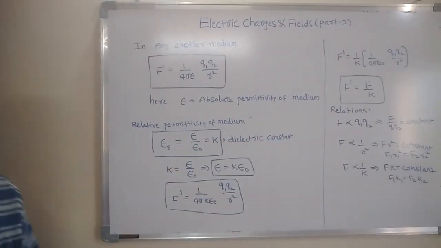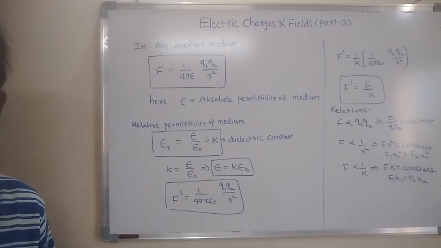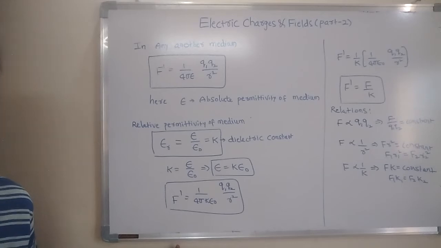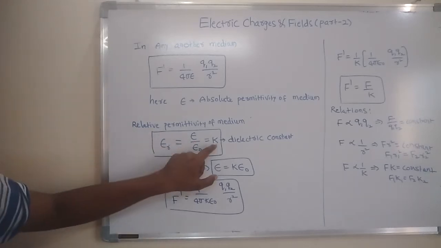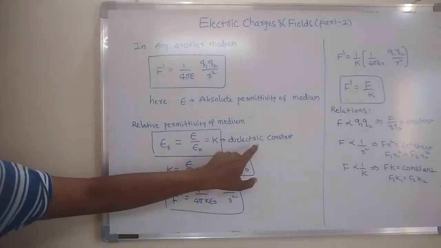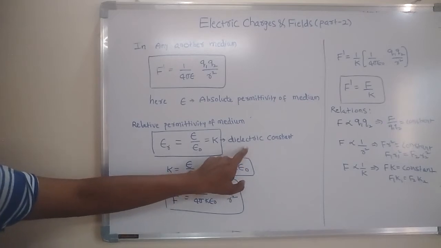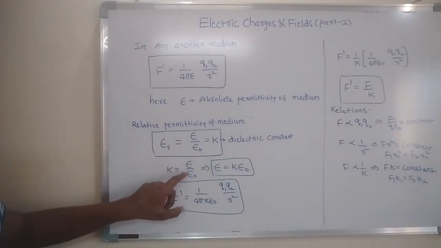Recognize this relation. This is about Coulomb's inverse square law. Have you understood? I hope you understood. Clear? So here recognize this K value, that is dielectric constant, is a known value. What is dielectric constant? Epsilon by epsilon naught.